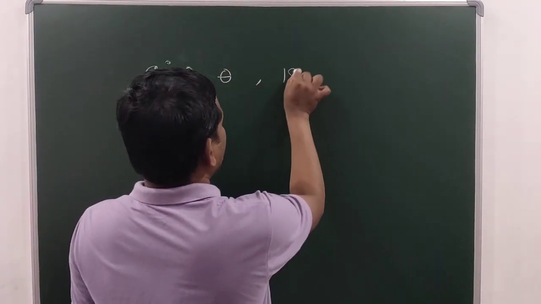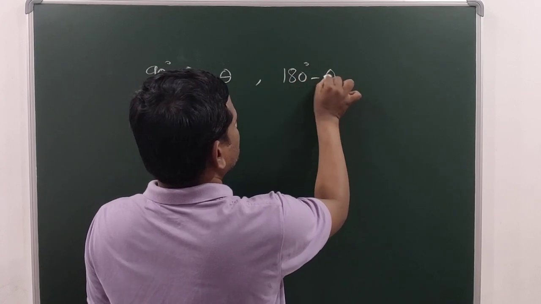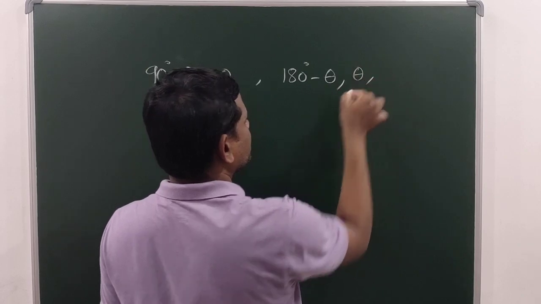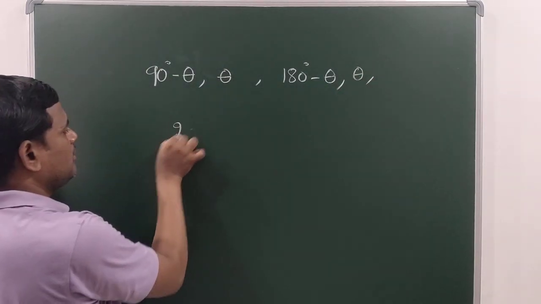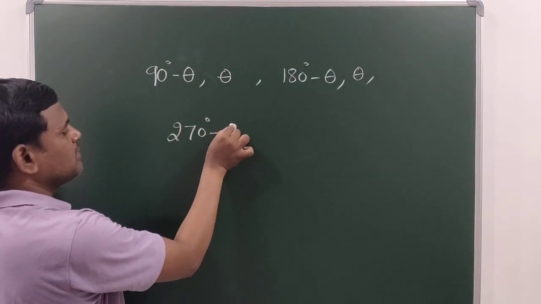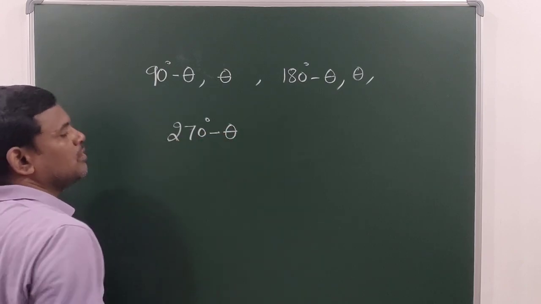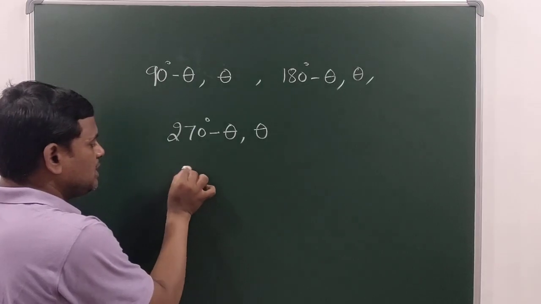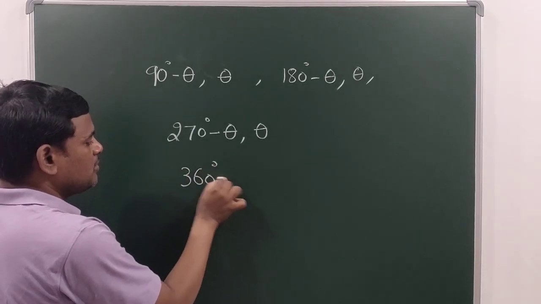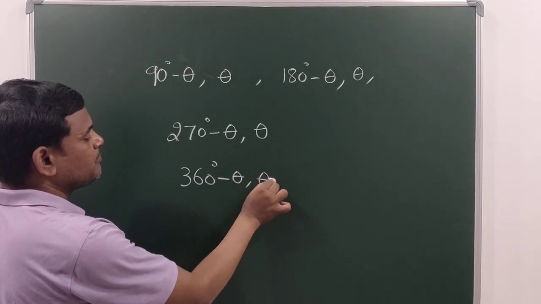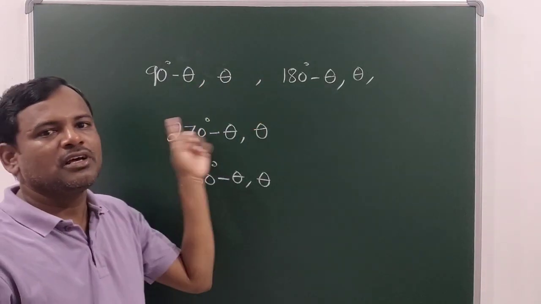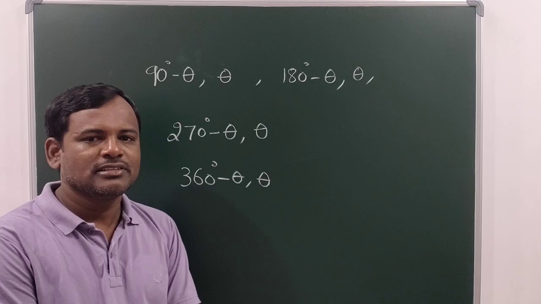Here, 180 degrees minus theta comma theta, like 270 degrees minus theta comma theta, 360 degrees comma minus theta comma theta. See, these pairs are known as allied angles.